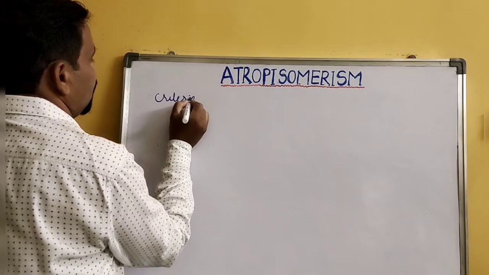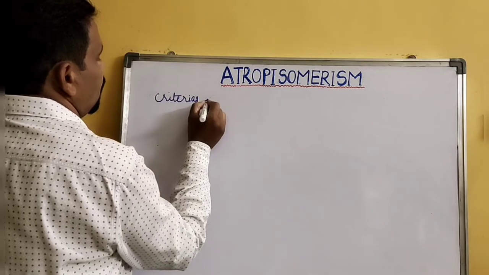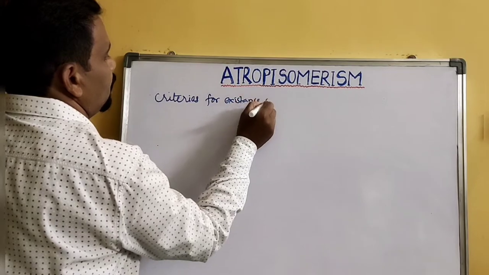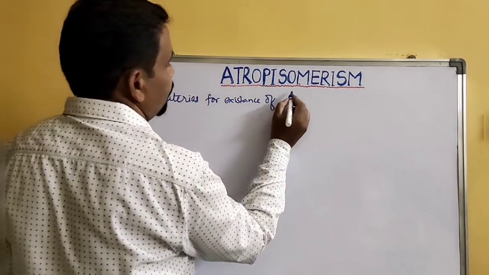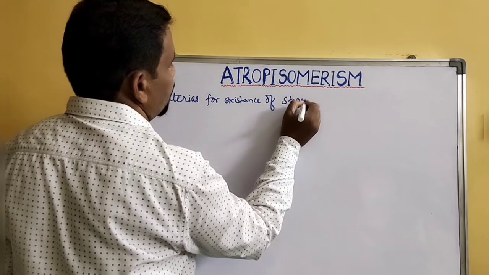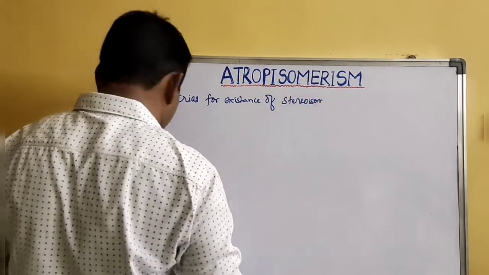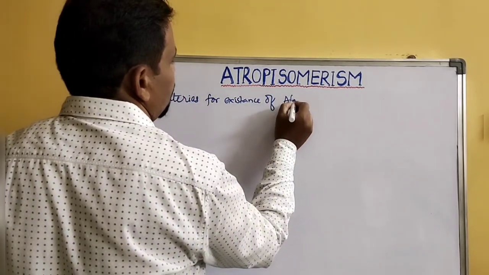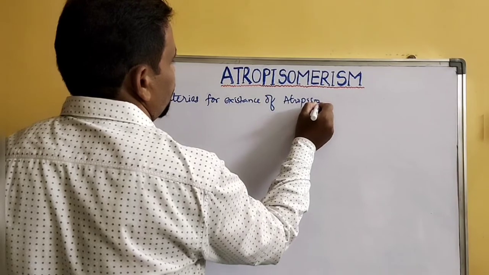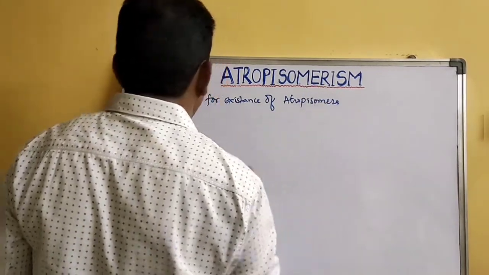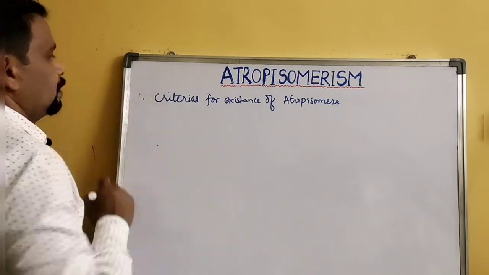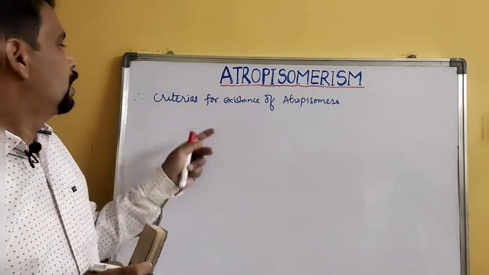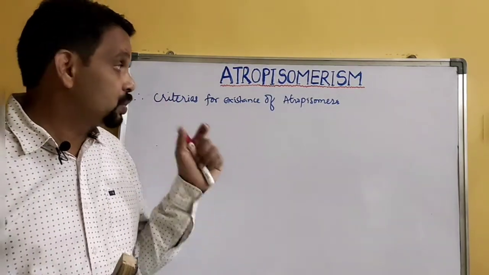And what are the criteria to exist? Criteria for the existence of stereoisomers, or in this case atropisomers. There are two criteria which play an important role.